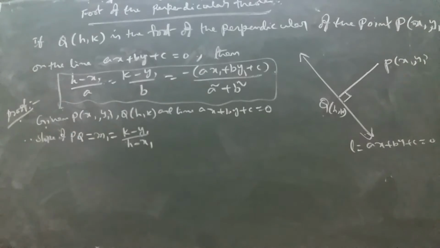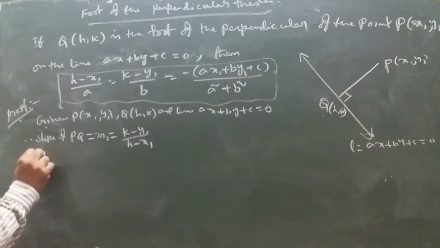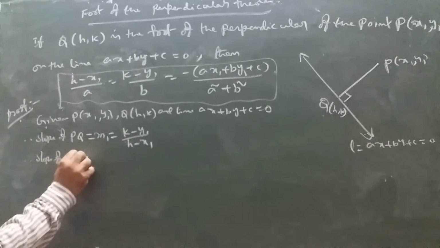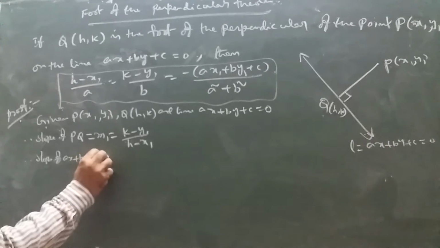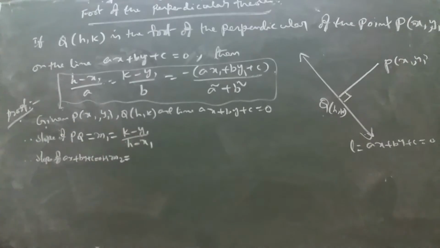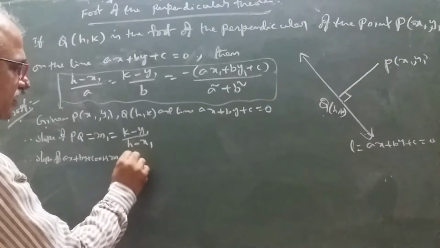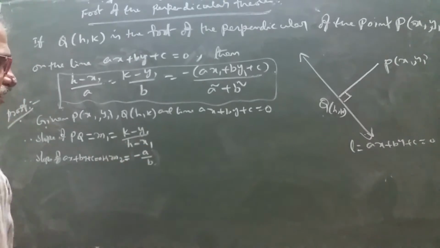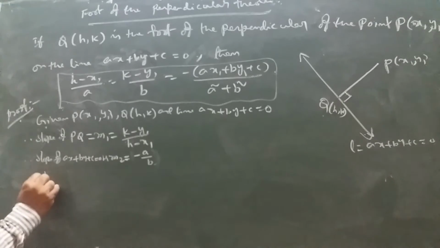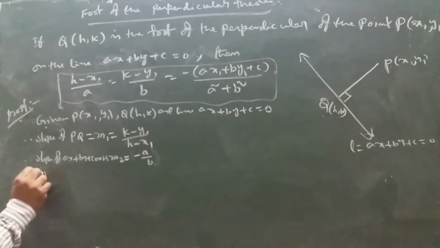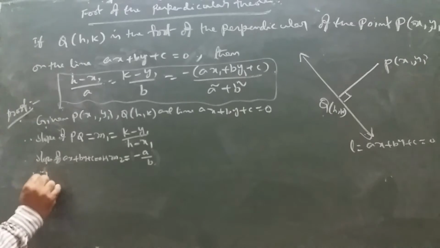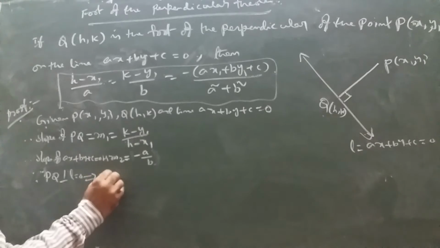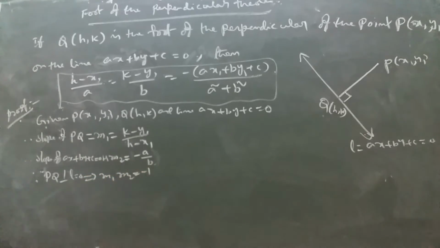The slope of ax + by + c = 0 is m2 = -(x coefficient)/(y coefficient), that is -a/b. Since PQ is perpendicular to L, m1 m2 = -1.